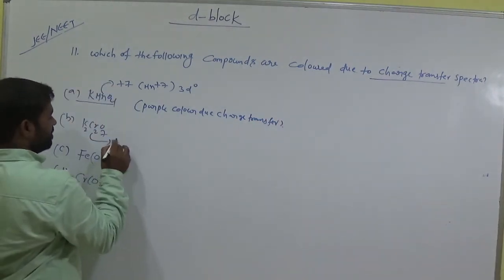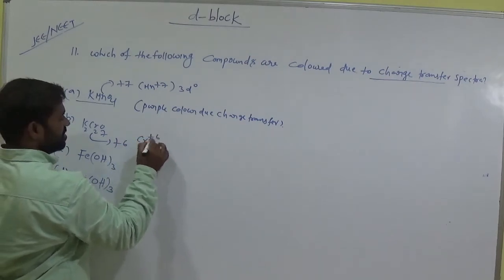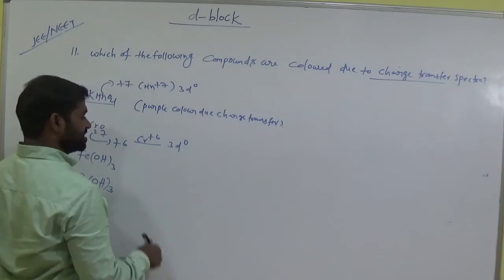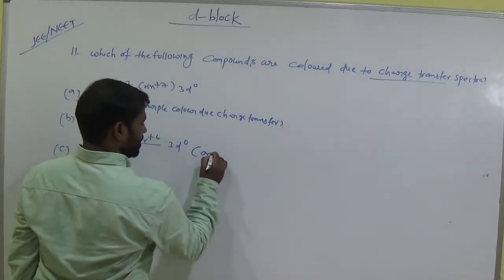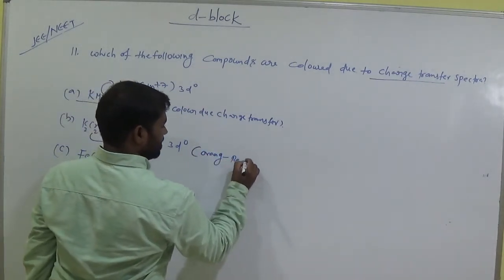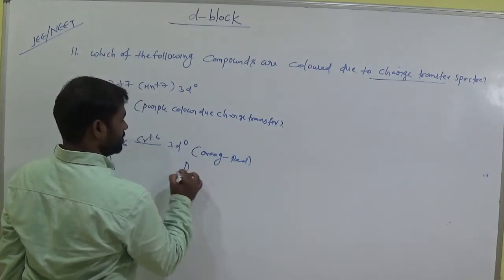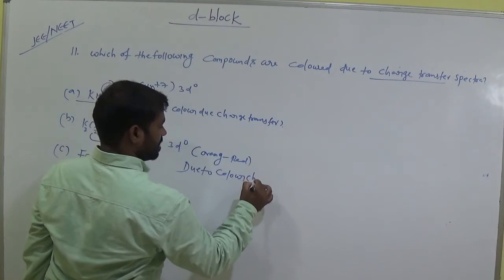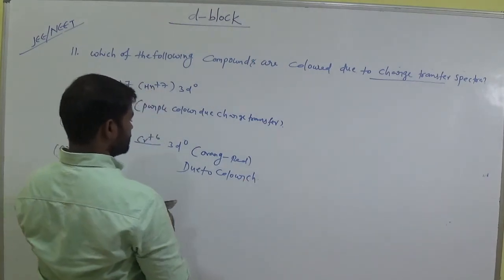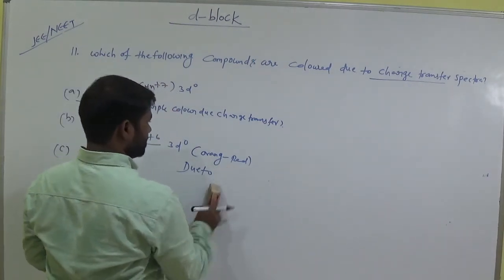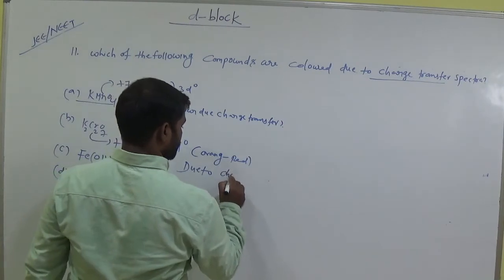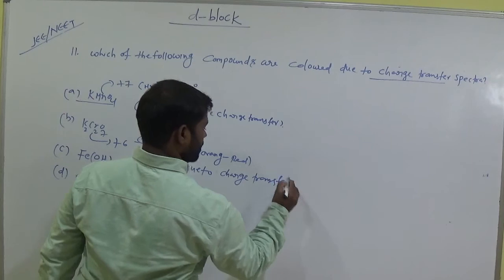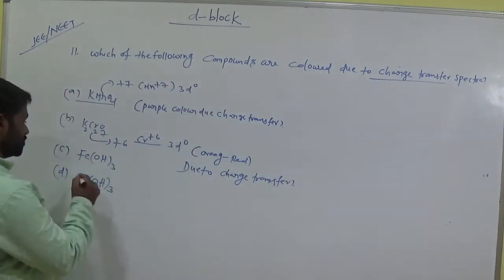And here chromium +6, 3d0, we are expecting colorless, but it exhibits orange red. Same reason, due to charge transfer. Clear, mark two.